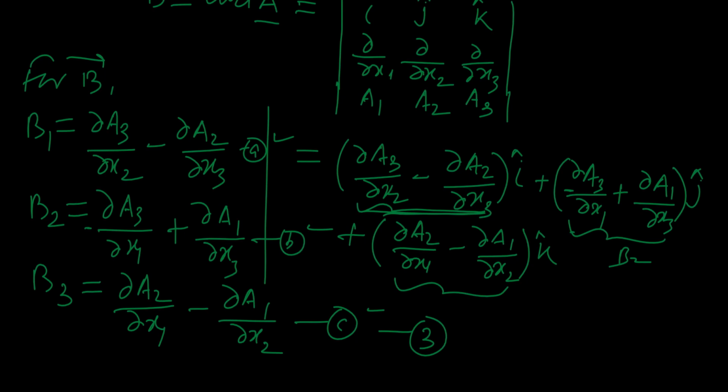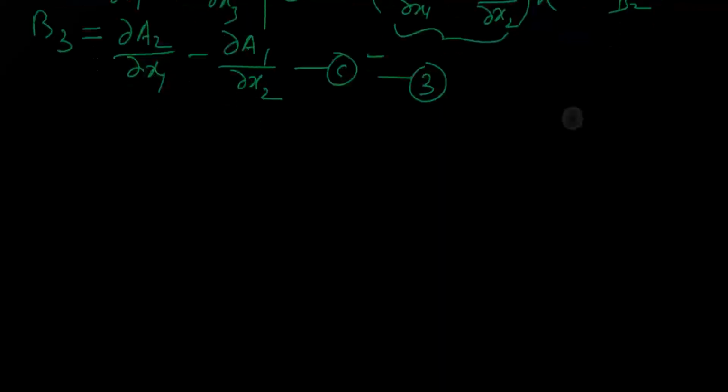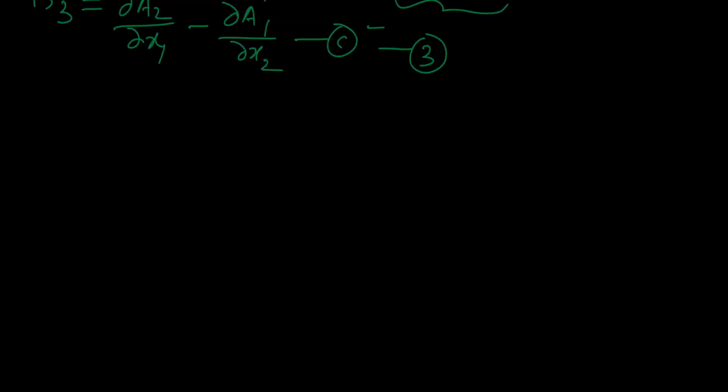Now we have found the components of electric field vector E and magnetic field vector B as you see in equations 2 and 3. In fact, from these two equations, it is clear that all these equations can be written in a particular manner.